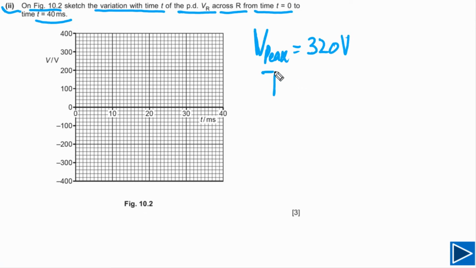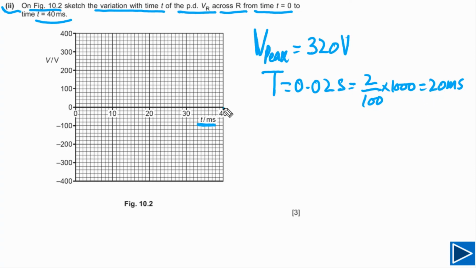We have also calculated the time period, 0.02 seconds. We can convert this into milliseconds by multiplying by 1000. So the time period in milliseconds is equal to 20.